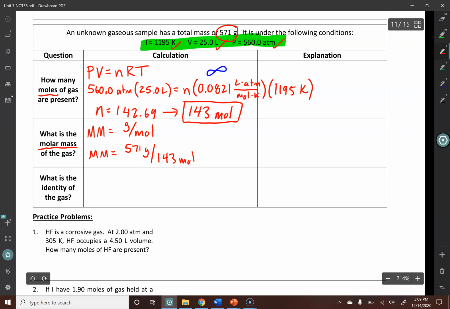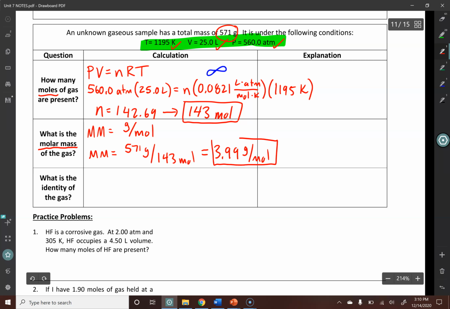Yeah, you absolutely can. To 3 sig figs, what's the molar mass of my sample? Getting about 3.99 grams per mole. And again, I'm really just taking the mass and dividing by the moles. That will give me molar mass.